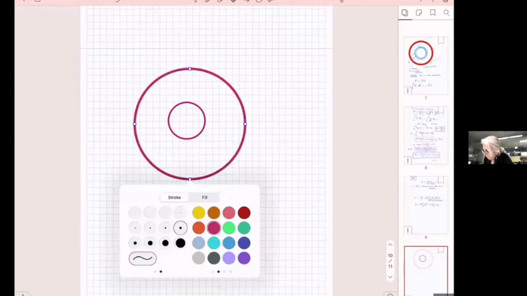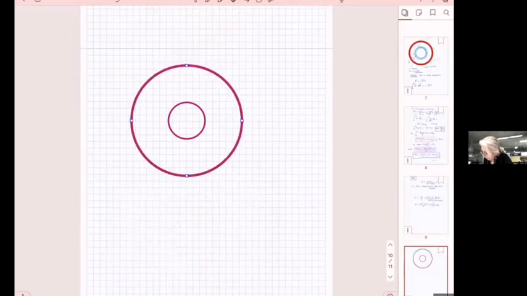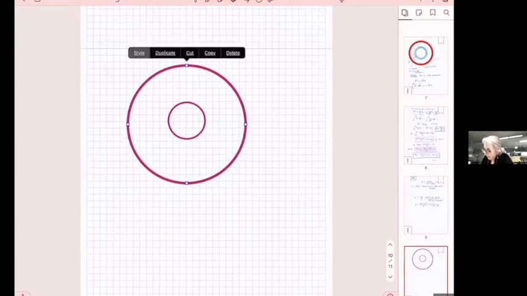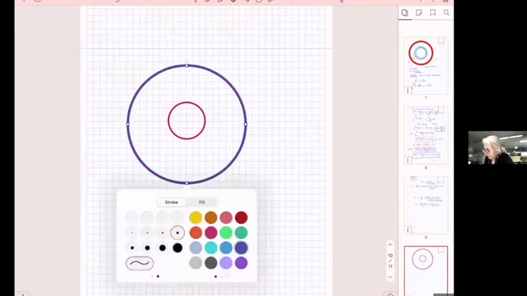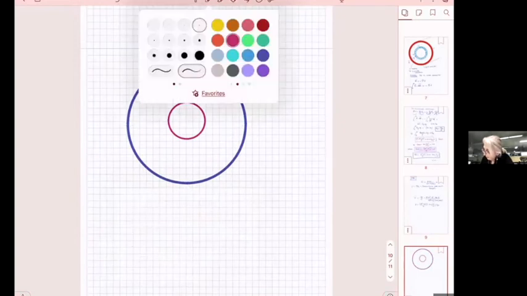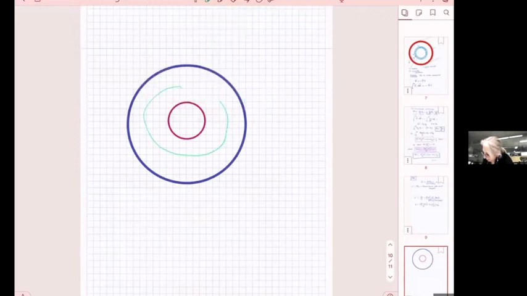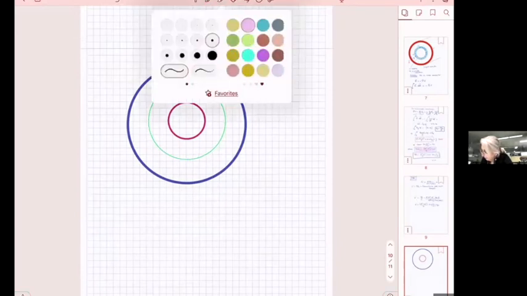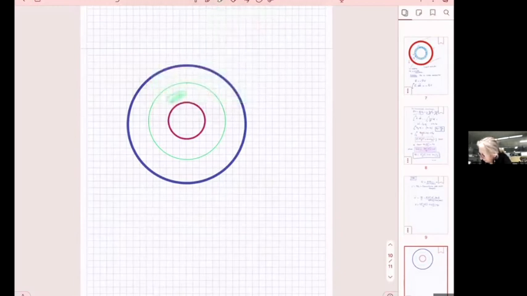So one dielectric is going to go like that, and practically I can put this one here. So this is one dielectric, and what is out there is another one. And I may ask you to find the capacitance for this one.